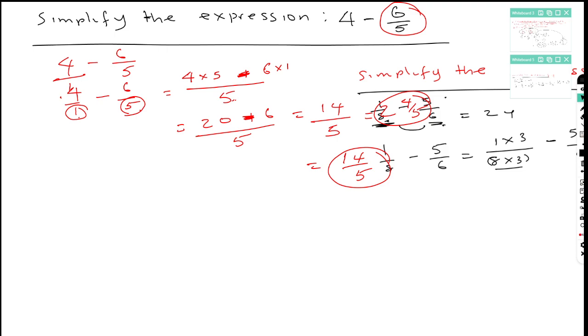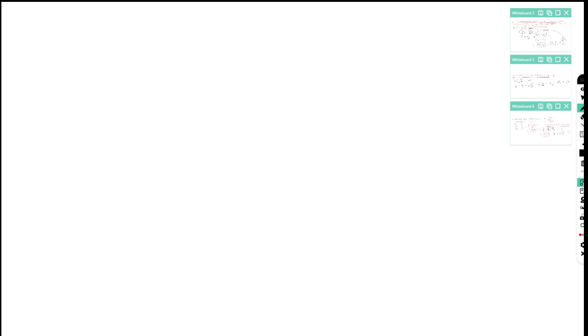So I think you understand what we're doing here. This is adding, subtracting, and mixing both of them. Okay, now let's do another one, mixing now the numbers together, mixing the addition and subtraction.